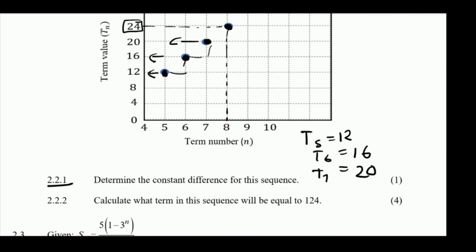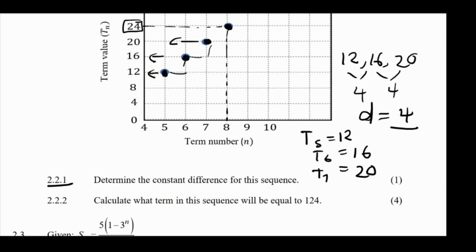So just by looking at the sequence 12, 16, and 20, the difference between these terms is what? It's 4, right? 16 minus 12 is 4, 20 minus 16 is 4. So you can conclude that the constant difference of this question is just going to be 4. So this is the constant difference that they're looking for.